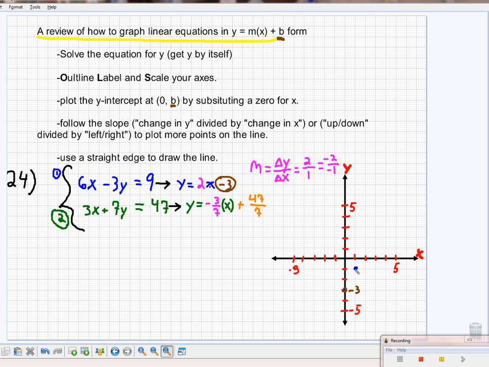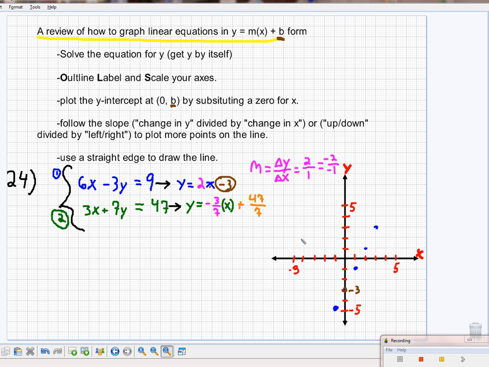I have a point. I can follow this pattern for the entirety of the graph. I could have also went up 6, right 3 if I wanted to, because 6 over 3 is the same as 2 over 1. And then I could also go down 2, left 1, down 2, left 1.